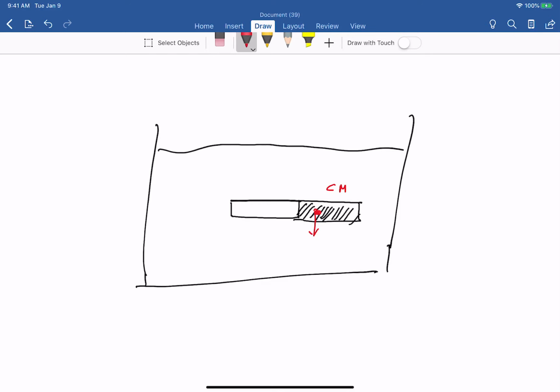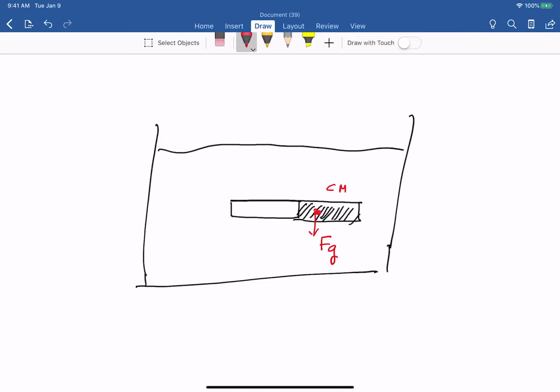Where is the force of gravity going to act? You know that the center of mass and center of gravity are pretty much the same point. So the force of gravity would be acting at the center of gravity, which is pretty much the same as the center of mass. So the gravitational force would be acting over here. Now, where is the buoyant force going to act? Well, think about Archimedes' Principle. Archimedes' Principle says that the buoyant force is the weight of an equal volume of water, right?